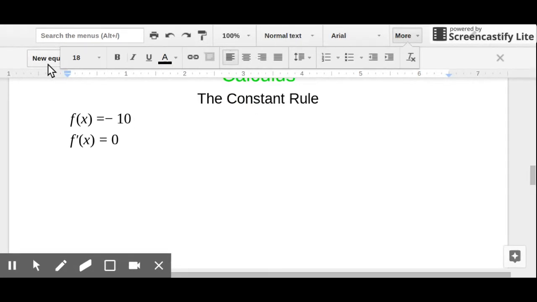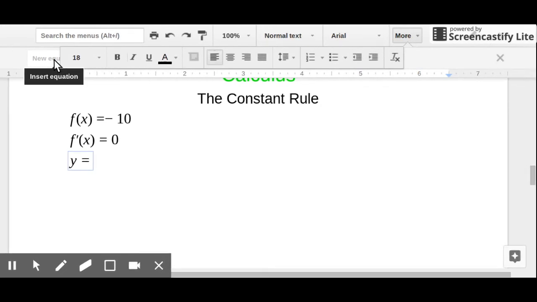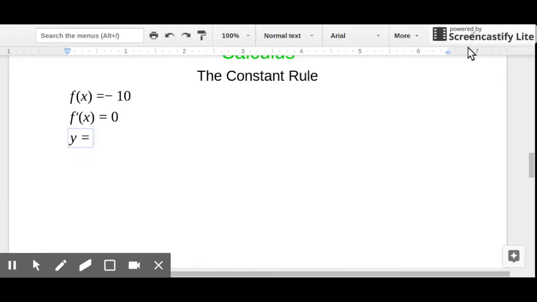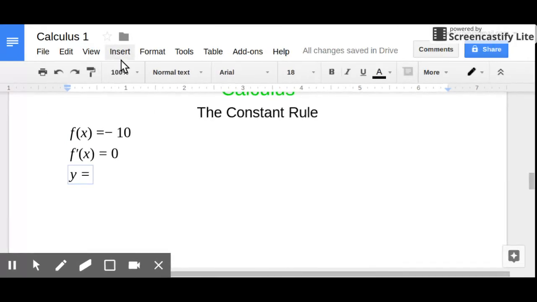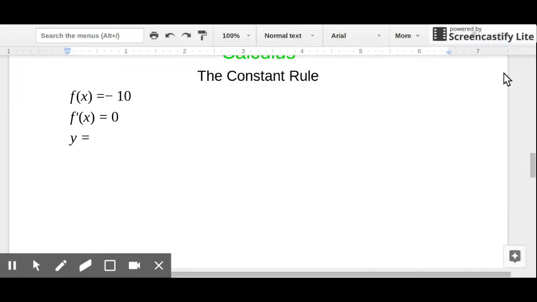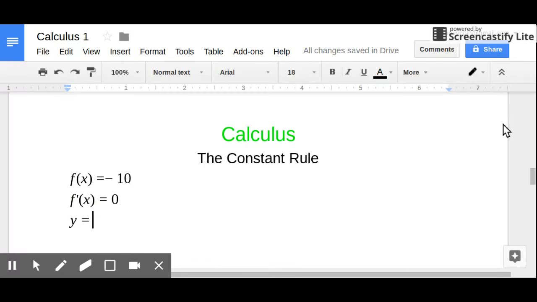All right, what if we had y is equal to, let's say, let's throw in, well, all kinds of issues going on here. What is going on? Well, I was going to try to insert.